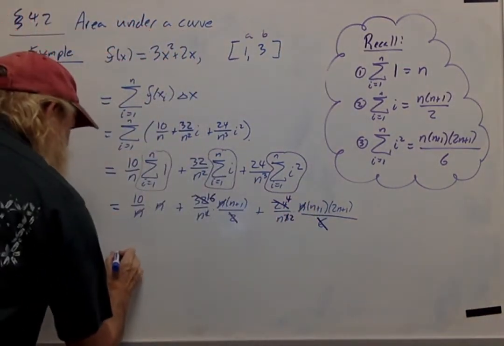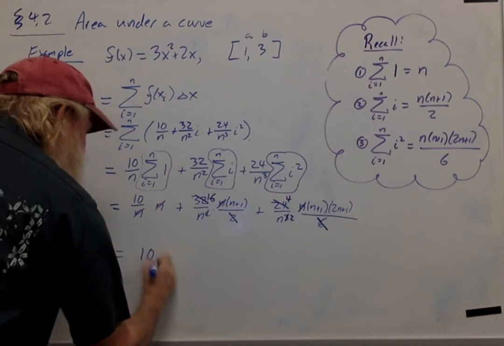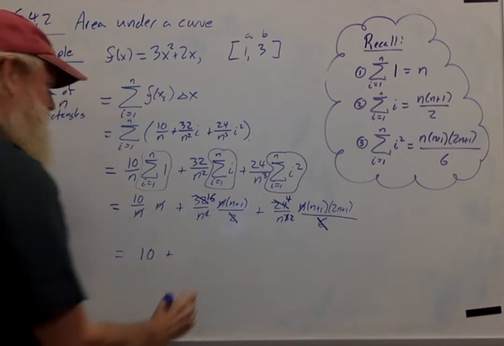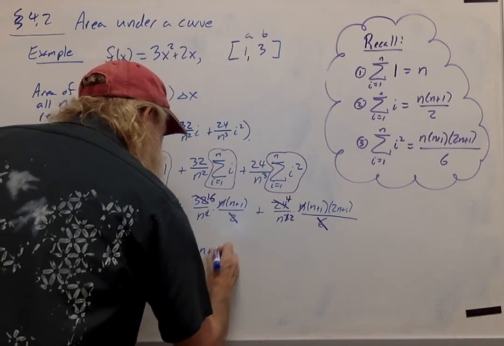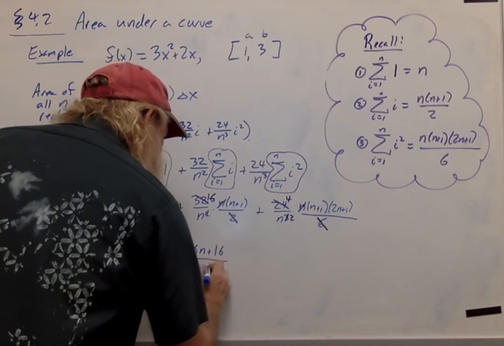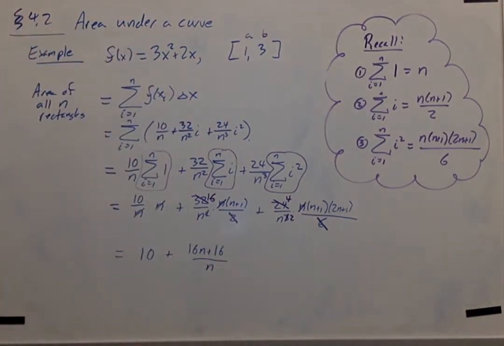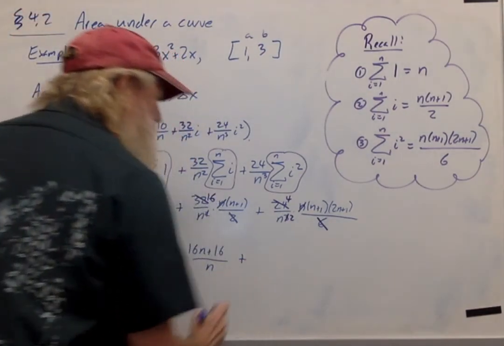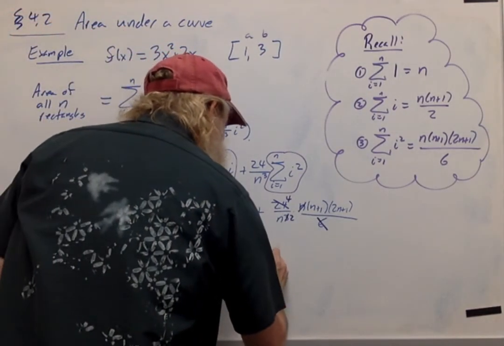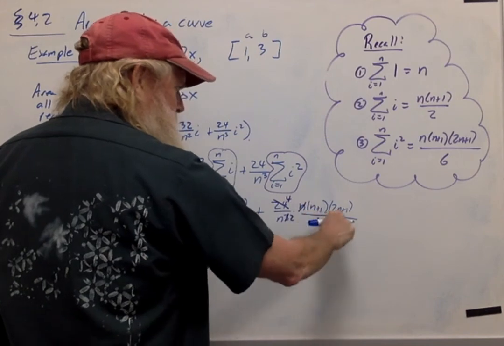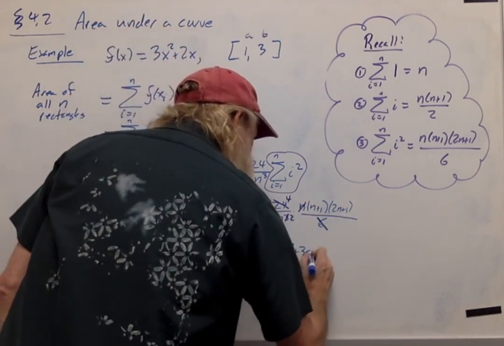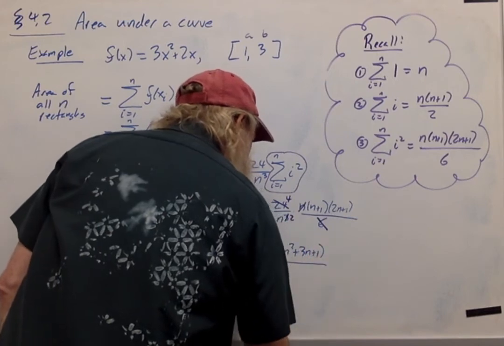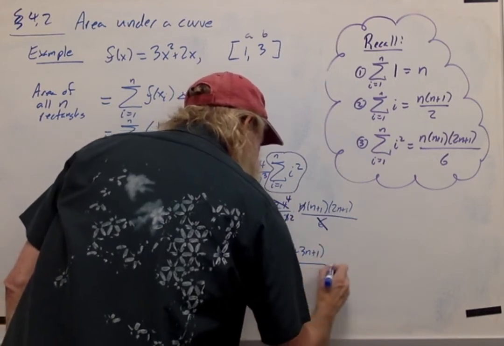So let's see what we have. 10 plus 16n plus 16 over n, plus 4 times, I'm going to multiply this out, 2n squared plus 3n plus 1, all over n squared.